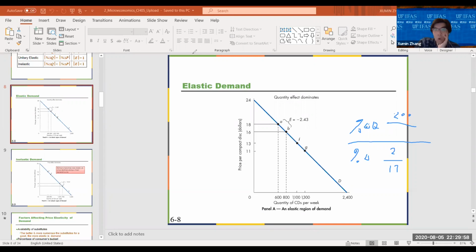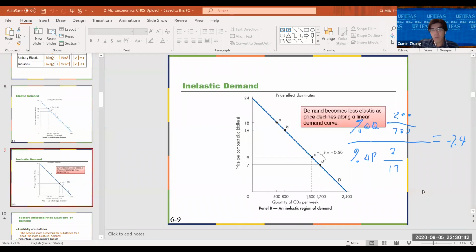And this is over, I need to find the middle point, which is 700, okay? And then over the percentage change of price, which is the difference 2 over 17. If you calculate this, E is something like minus 2.43. So this is how we calculate that.